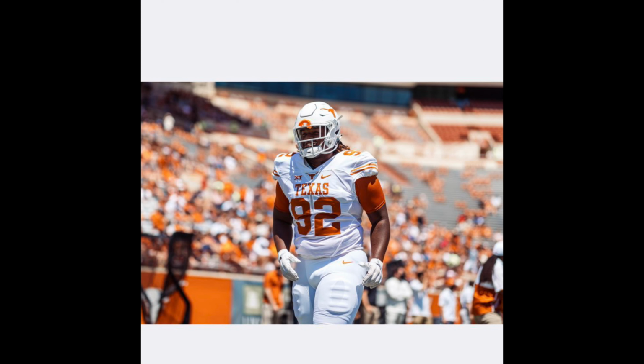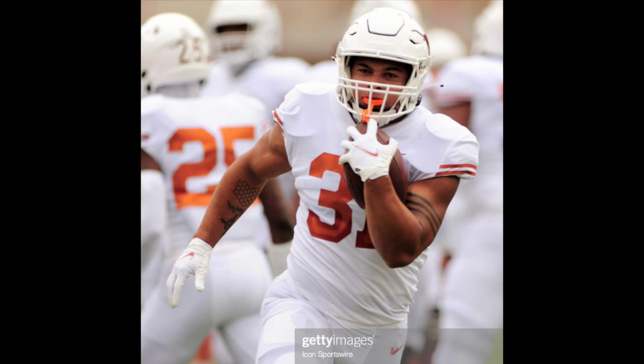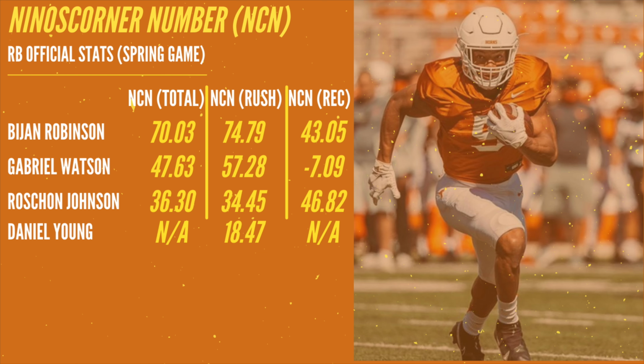And the next guy we're going to talk about on this list is Gabriel Watson. Gabriel Watson had an NCN rushing, folks, of 57.28. And he had an NCN receiving of negative 7.09. And we'll get into some of those reasons why his NCN receiving was so bad.